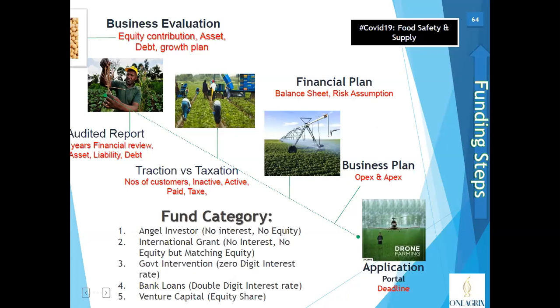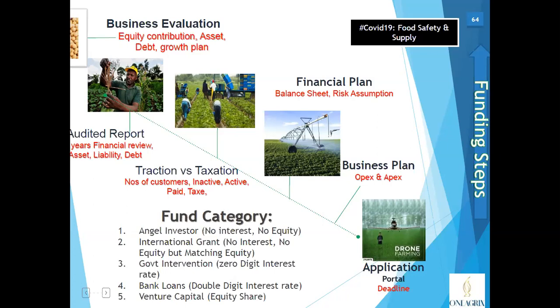All they need is that pitch, and they will give you a template on what they want to capture from your business. They want to know what your business is about, your value proposition, your employees, how much you earn monthly, what's the revenue, what's your margin. All these things are very key in terms of preparing yourself for funding.